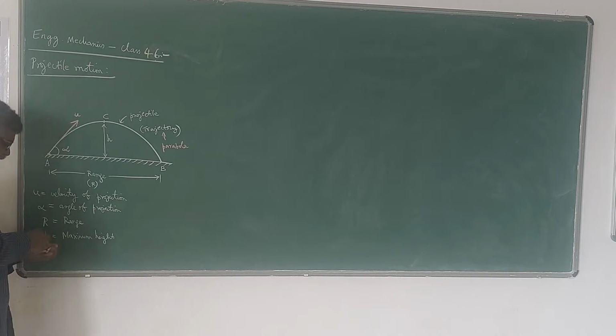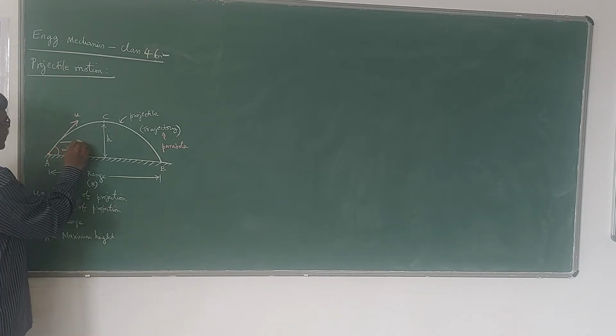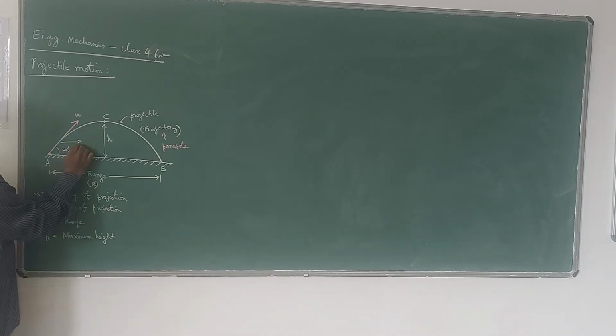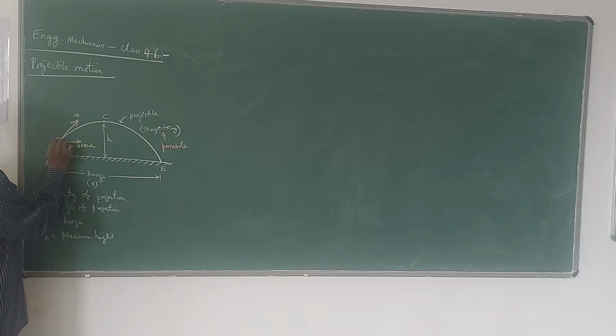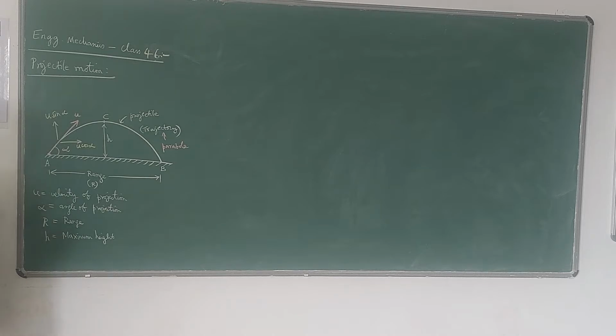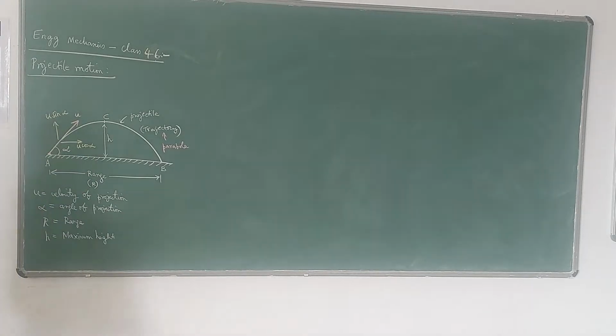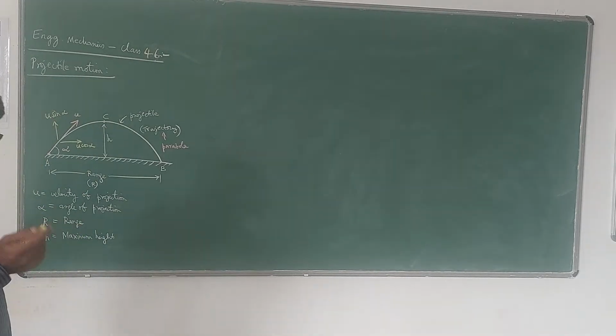The first is the horizontal component, u cos alpha. The second is the vertical component, u sin alpha.